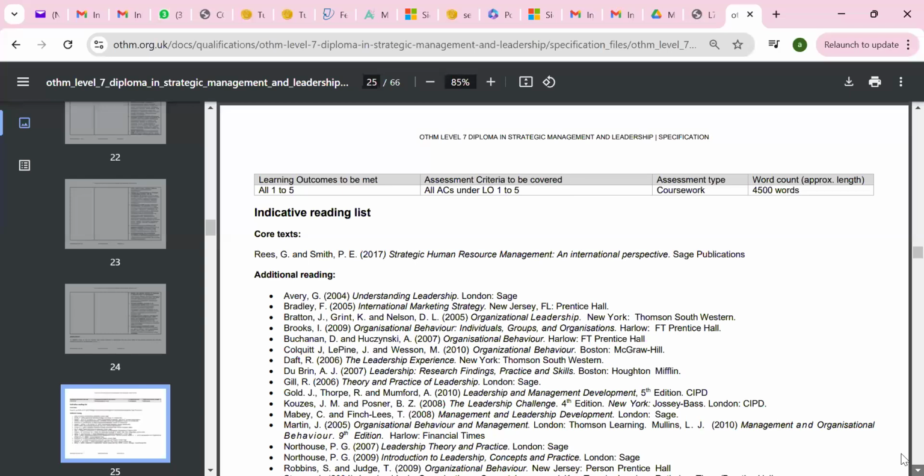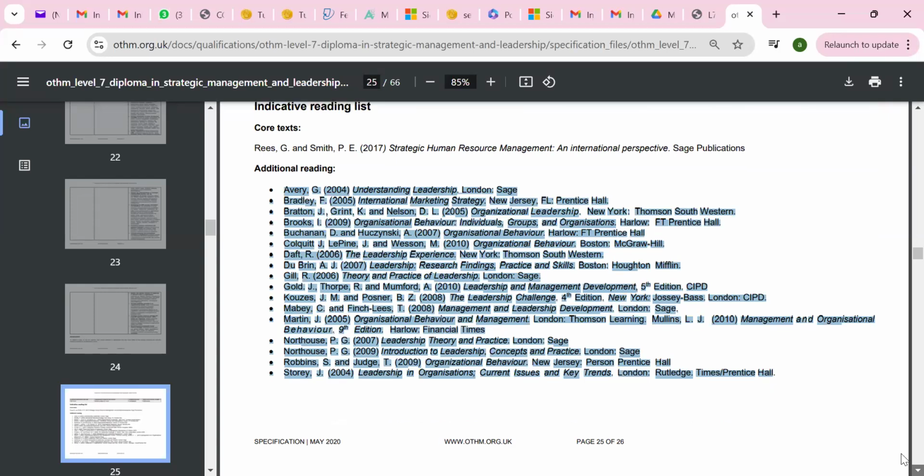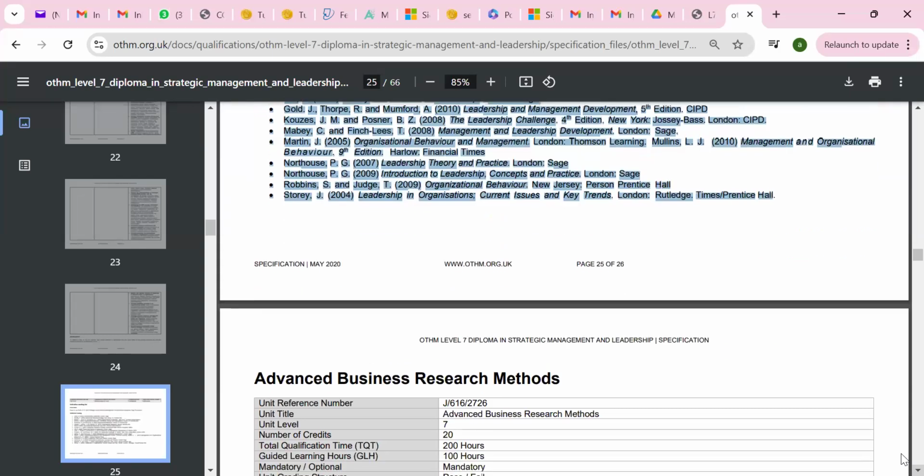Then you've been given the recommended books and journal articles, which you can use as well. There are a couple of books available, and otherwise a search is available. Try to use the latest books or journal articles, because the external environment keeps changing and we need to include more up-to-date information.